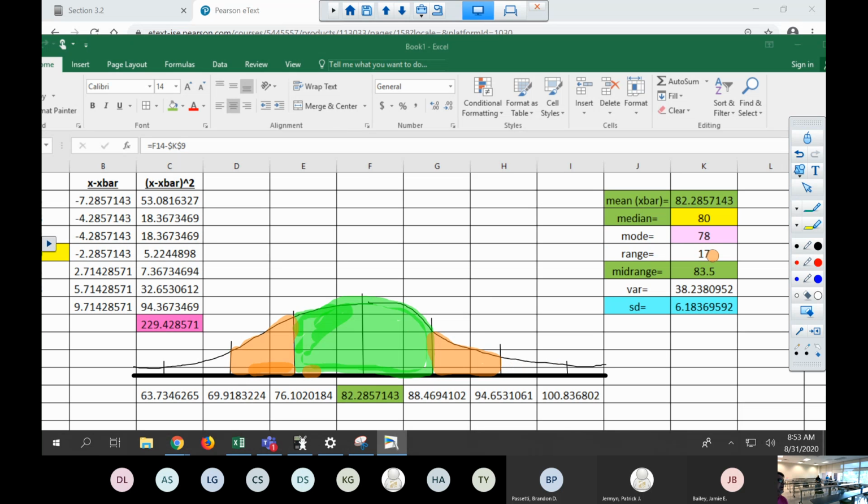Okay? So I'm going to take a red highlighter, and I very seldom use red. Okay?